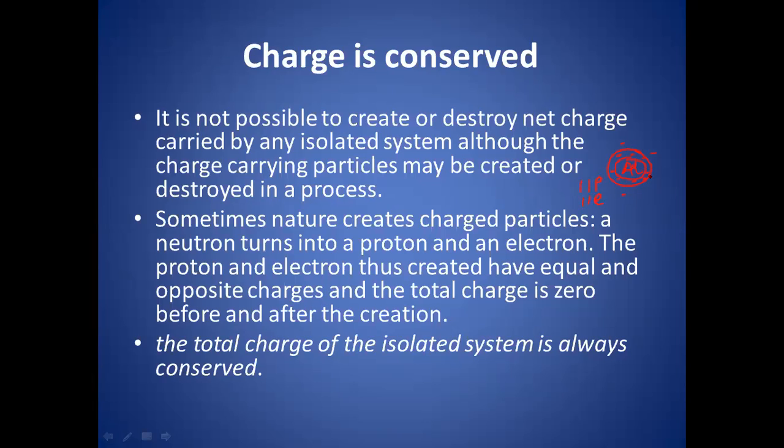So this element as a whole, as a system, is neutral. We cannot create its charge by doing something, although the charge carrying particle may be created. But if we remove these 3 electrons, then aluminum has 3 positive charge.